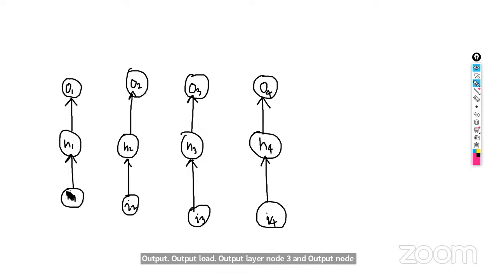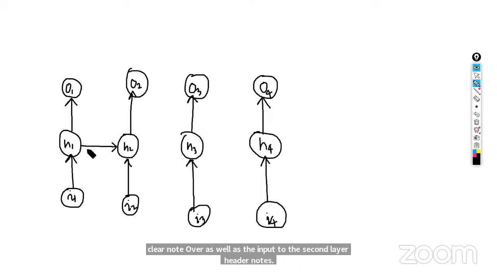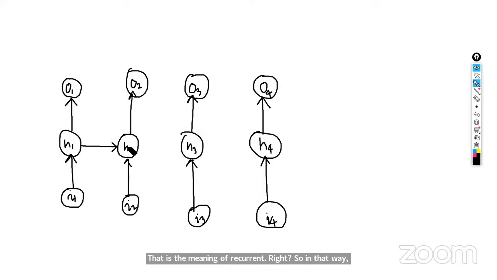And the connections will be like this: if you provide input to the node of the first hidden layer, it will do the calculation, and whatever output is generated will be fed to the output layer node O1 as well as to the second layer hidden nodes as input. That is the meaning of recurrent, right? In that way, the second layer hidden node will memorize the output or the information present at the first layer hidden nodes, and the hidden layer node for the second layer will do the same calculation.